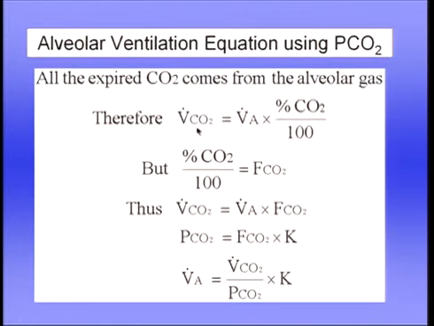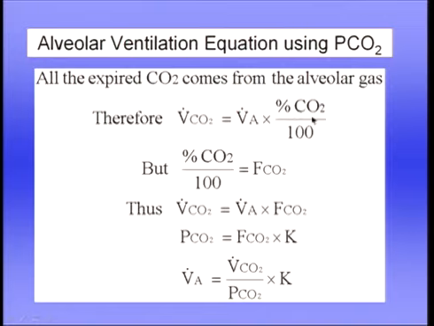And therefore, we can use that statement here, all the expired CO2 comes from the alveolar gas, and we can write an equation. The volume of CO2 per unit time, V dot CO2, is equal to the alveolar ventilation times the proportion of that made up of CO2.